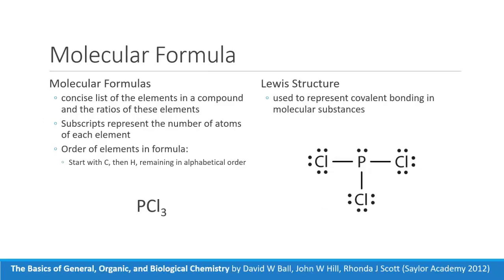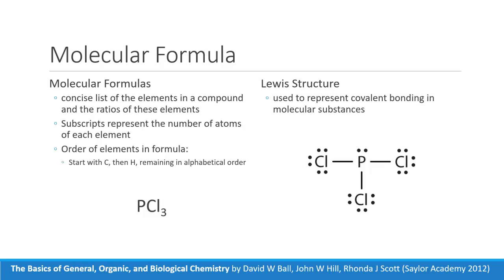Okay, the last topic for this video are molecular formulas. So we looked at molecular formulas when we looked at balancing chemical equations. And molecular formulas are just a concise list of elements in a compound with the ratios of these elements represented by the subscripts. So when you see a subscript, that tells you the number of atoms that you have of each element.